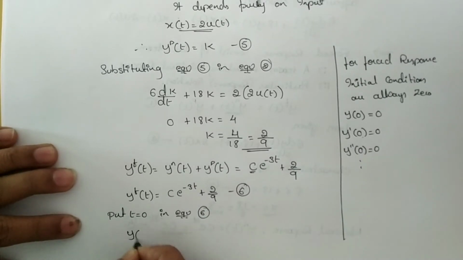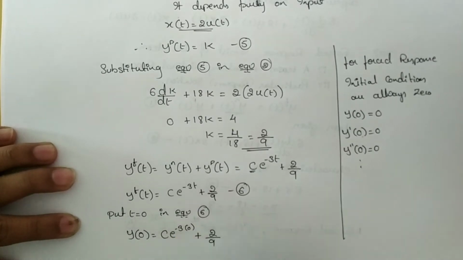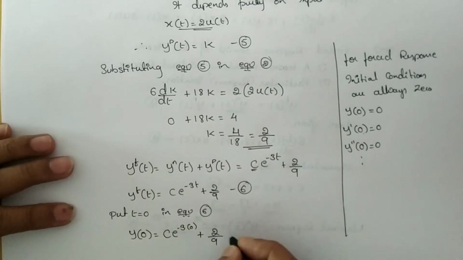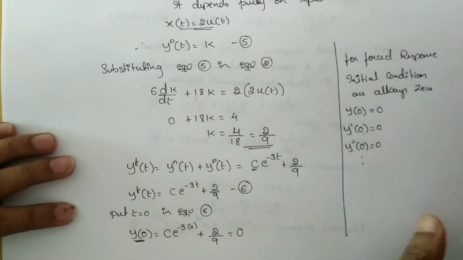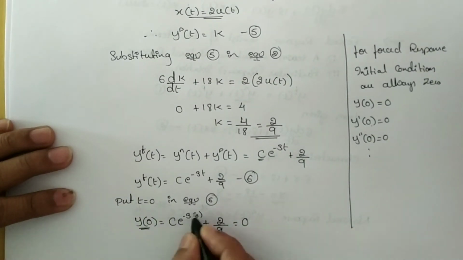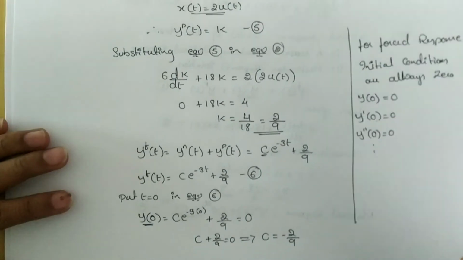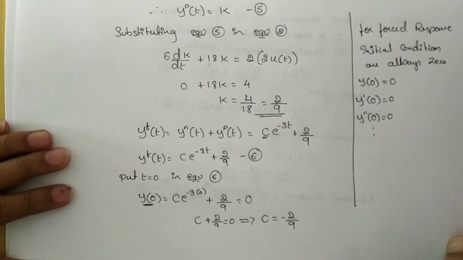We get y of 0 is equal to c times e power minus 3 times 0 plus 2 by 9. Since the initial condition y of 0 is always 0 for a forced response, and e power 0 is 1, c plus 2 by 9 is equal to 0. That means the value of c is equal to minus 2 by 9.